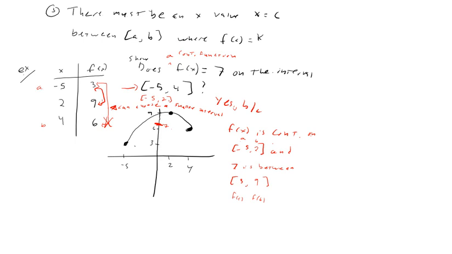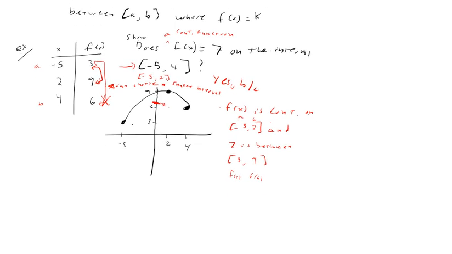So part 1, I say that f is continuous on that interval -5 to 2. And I know it's continuous on this smaller interval because it's continuous on the bigger one. So I shrank my interval, that's okay. And 7 is between f of a and f of b, 3 to 9. That's part 2, right? I need these 2 pieces, continuous and between.